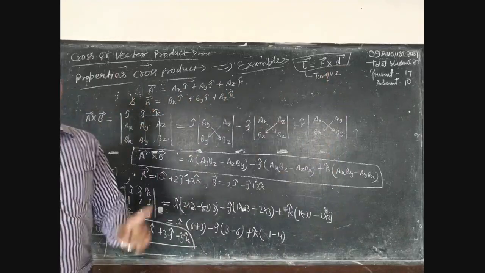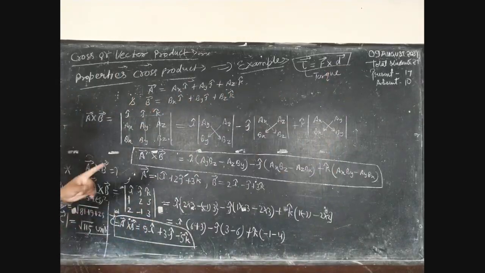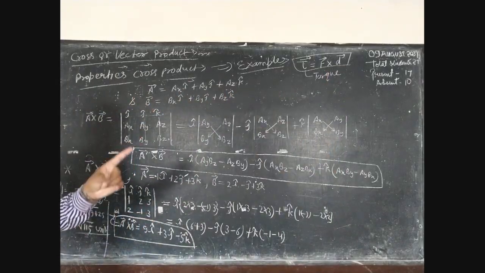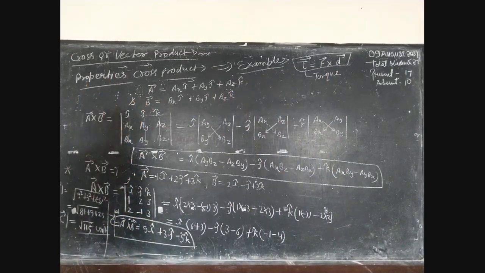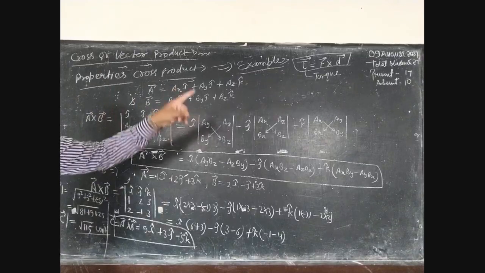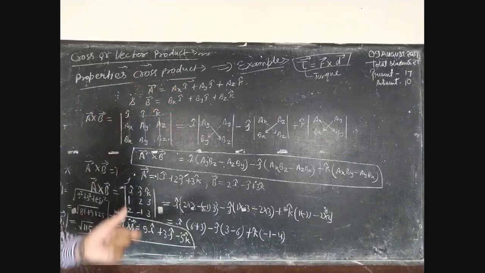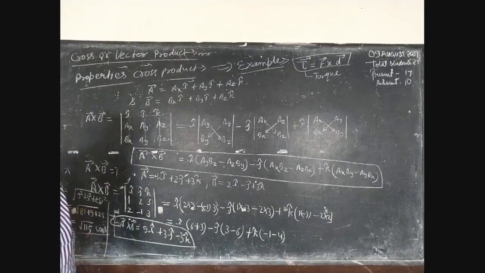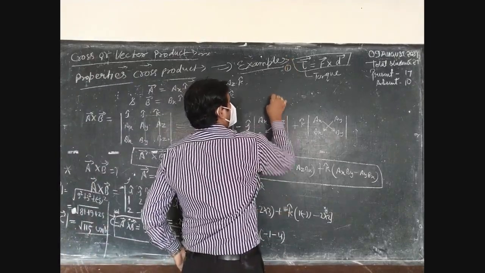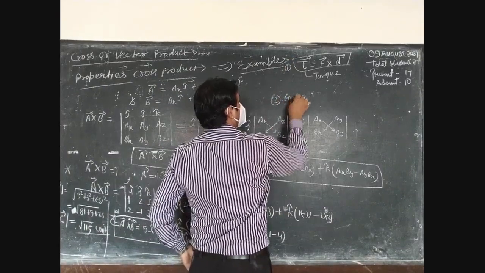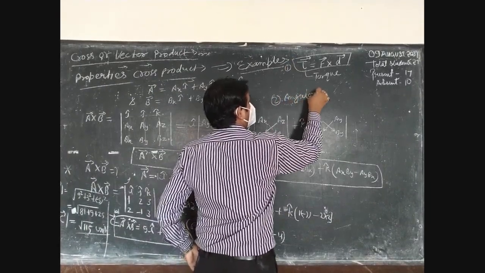Okay, in this they will provide in the question either force and torque, you need to calculate the displacement, or force and displacement, you have to calculate the torque. Next, angular momentum.